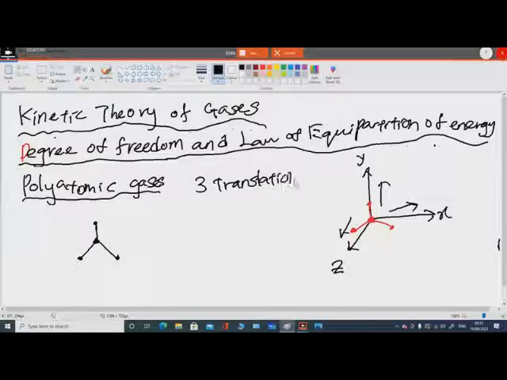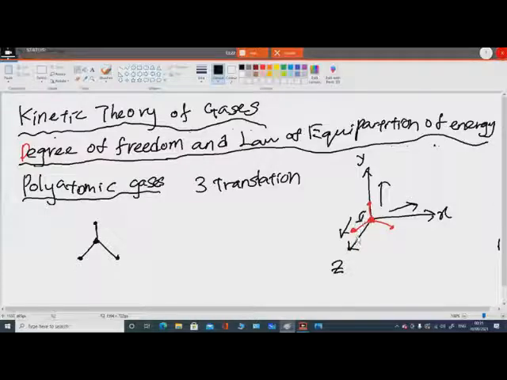Okay, so what about rotational motion? As we can see, if the polyatomic gas is about to move towards the z direction, it is able to rotate along the z-axis.